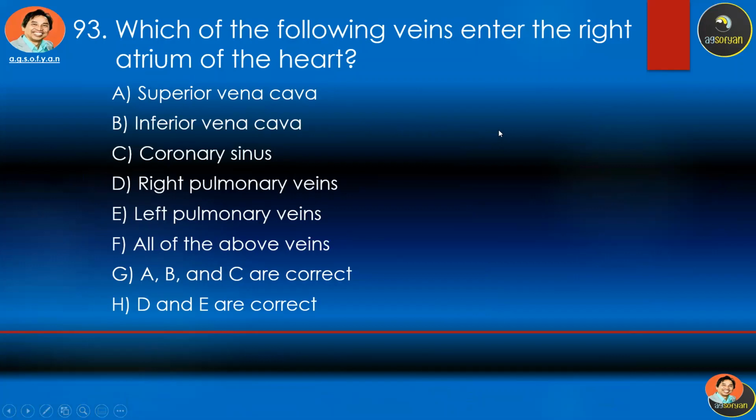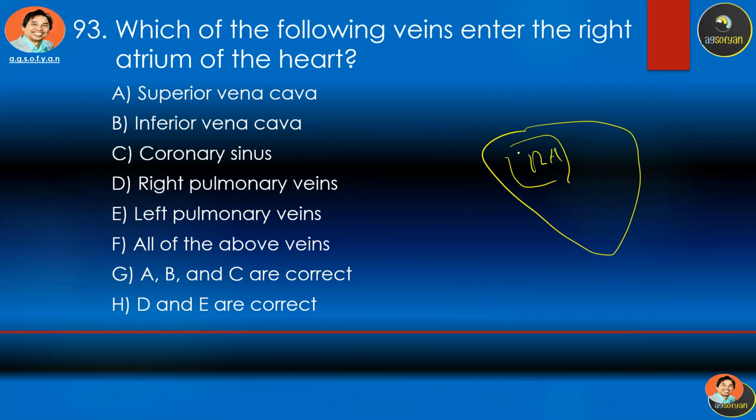Which of the following veins enter the right atrium of the heart? Okay, the right atrium will receive 3 blood vessels. From the top, from our brain and arms, it's called the superior vena cava. And from the bottom part of our body, there is a big vein called the inferior vena cava.